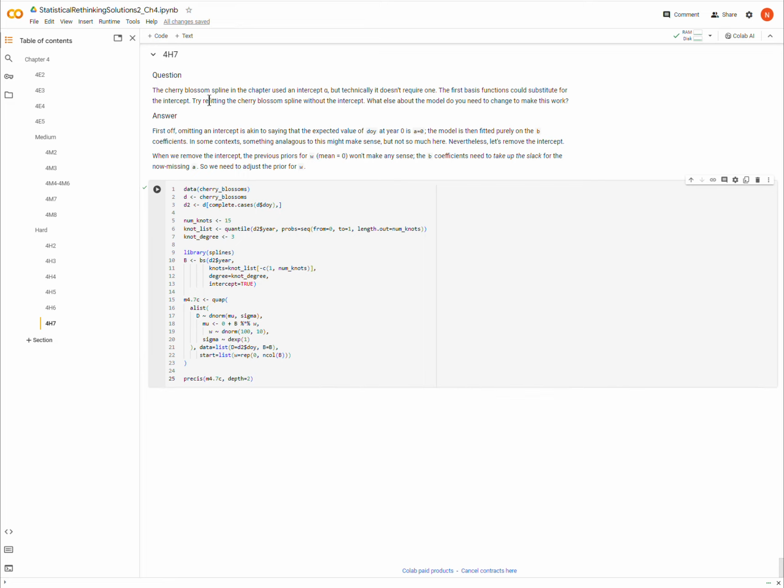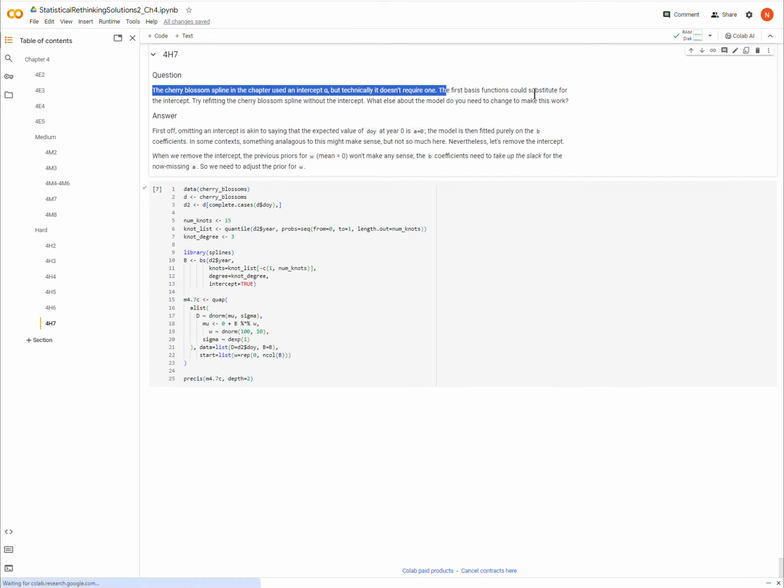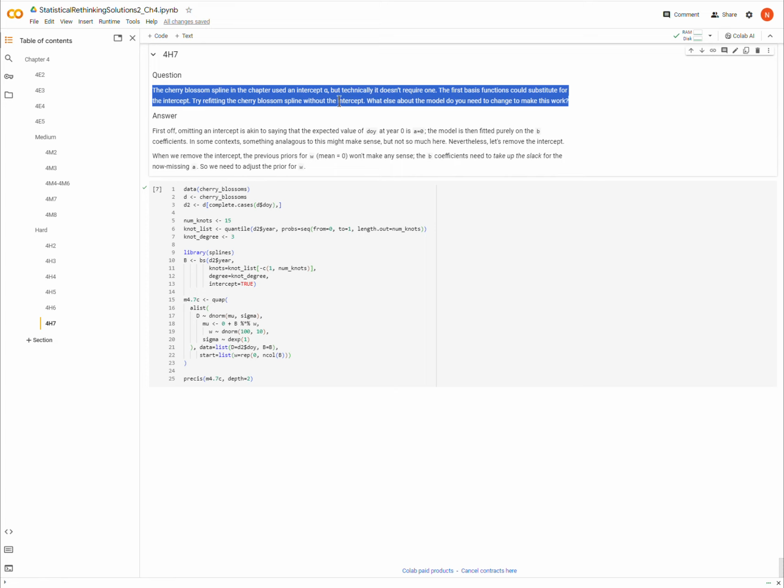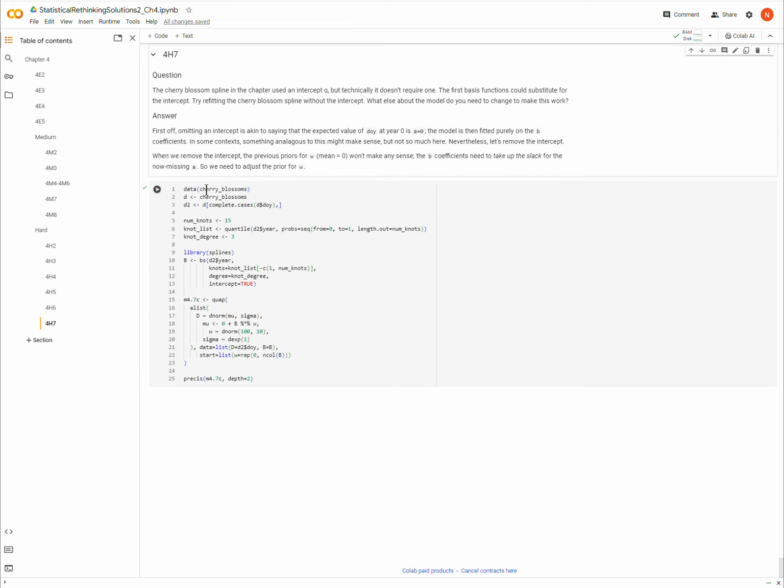Okay, so this asks us to revisit a model that was earlier in the chapter and also in earlier questions, and that is to go back to the cherry blossoms data, and we are using once again a Bayesian spline to model DOY.